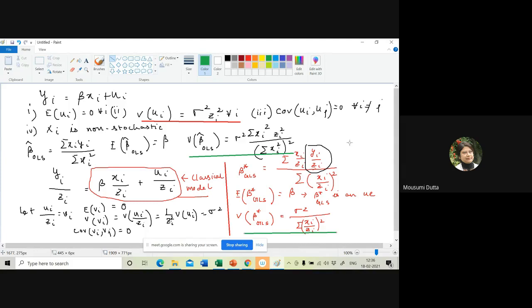Next line, variance of beta hat OLS divided by variance of beta star GLS is equal to, in the numerator, the formula for variance of beta hat OLS, and in the denominator, the formula for variance of beta star GLS.